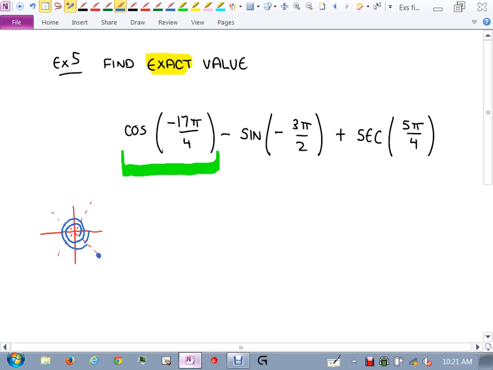So I should be down here. Who else got that? Yes? And so the point there is root 2 over 2, negative root 2 over 2. And I'm looking at cosine, which is the x-coordinate. So I know that this right here is root 2 over 2. Yes?